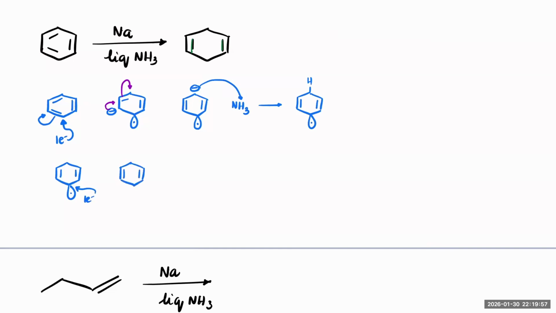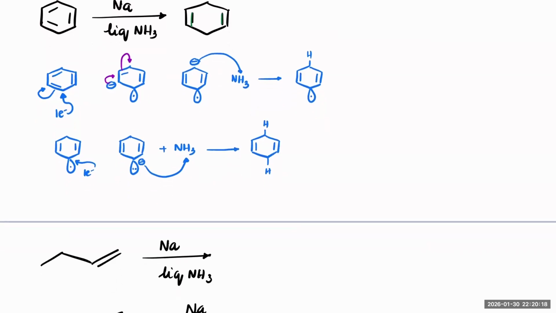And this radical again will take one more electron and convert into a carbanion. So we will get this as a minus charge. And that can be again reacted with ammonia. It will react with ammonia, and thus you will get this as double bond, and H here.